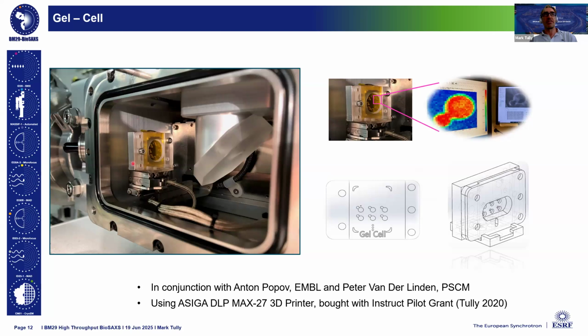So this is it sat in place, and we can mount several different viscous samples or gels. As the robot and HPLC both work on liquids only, this gel cell allows us to expand the experiments that we can do. So we can measure highly viscous samples or maybe hydrogels.